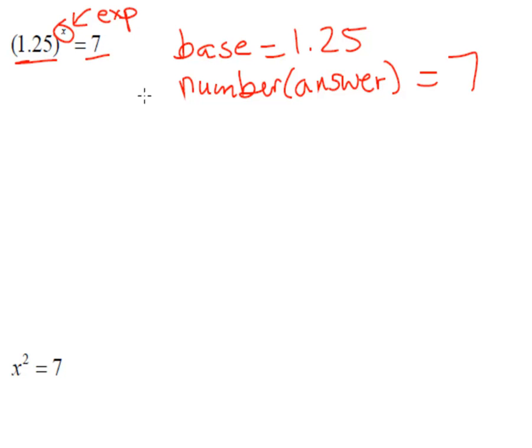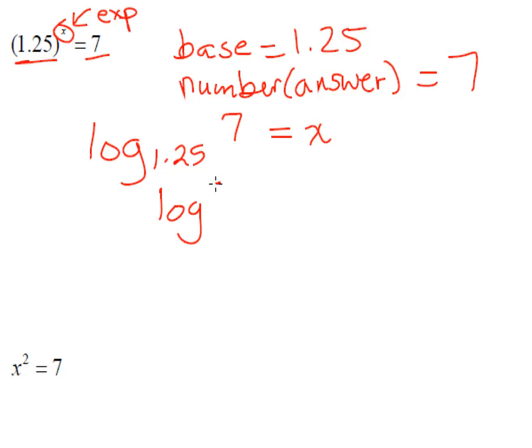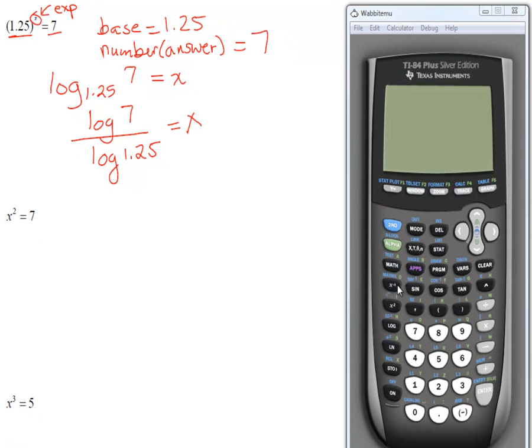As soon as you saw the exponent had the variable, you knew you needed a log. So log base 1.25 of the answer, which is 7, equals x. Again, our calculator doesn't have a log base 1.25 key, so we do a change of base. We write log of 7 divided by log of 1.25 equals x.